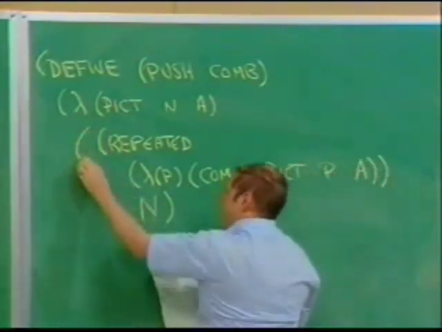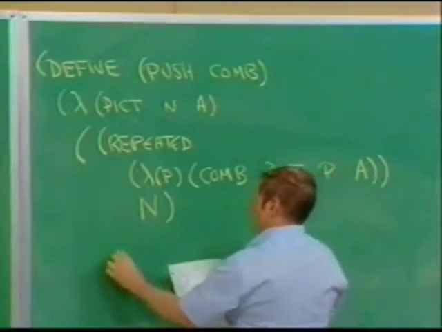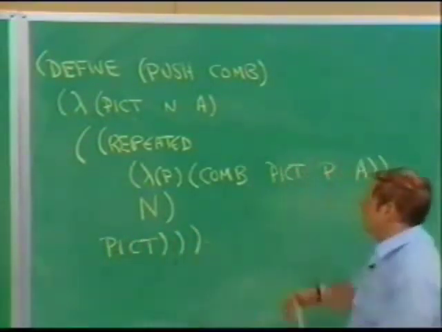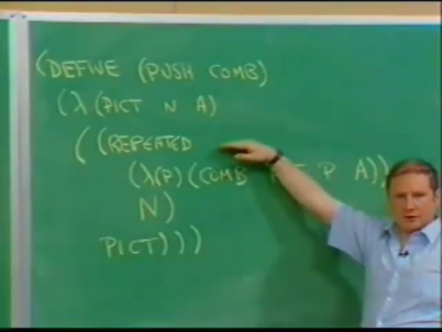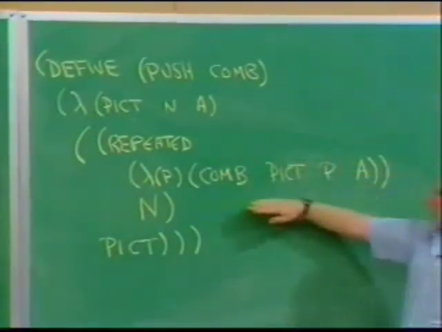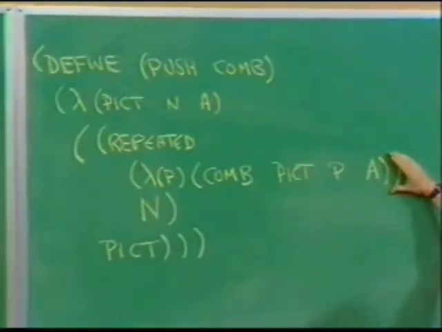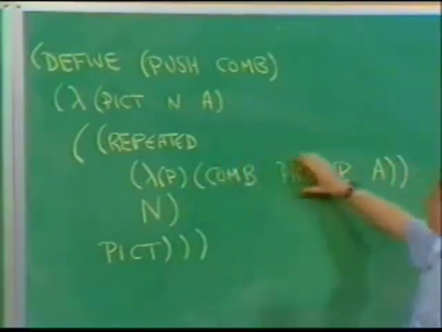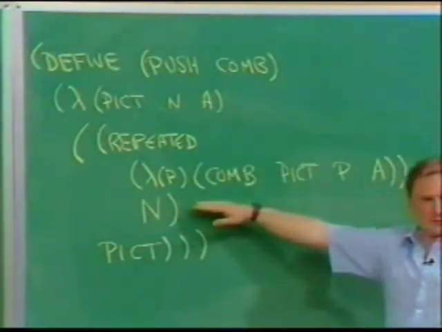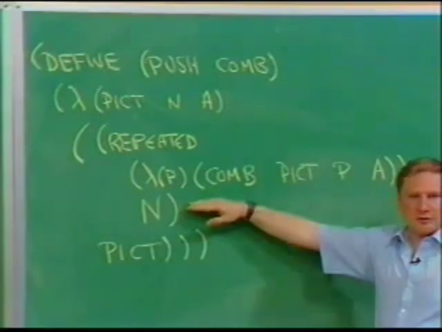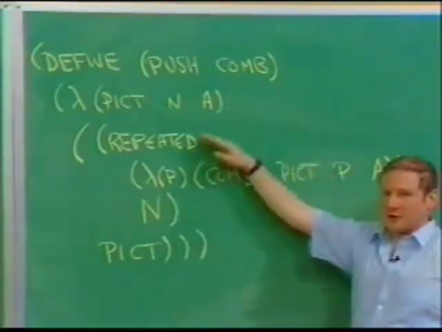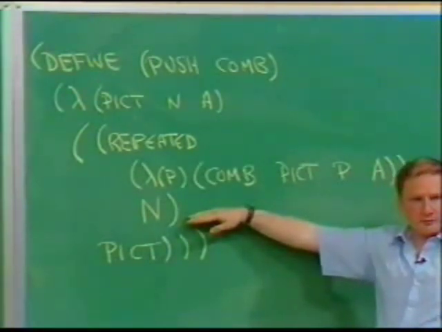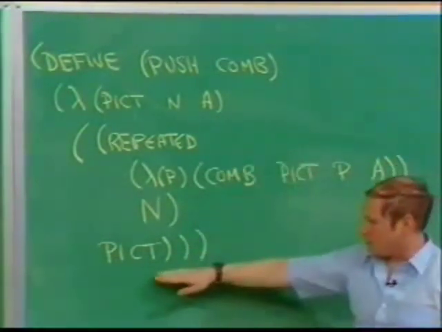And I apply that whole thing to my original picture. Repeated here, in case you haven't seen it, is another higher order procedure that takes a procedure and a number and returns for you another procedure that applies this procedure n times. And I think some of you have already written repeated as an exercise, but if you haven't, it's a very good exercise in thinking about higher order procedures. In any case, the result of this repeated is what I apply to picture.